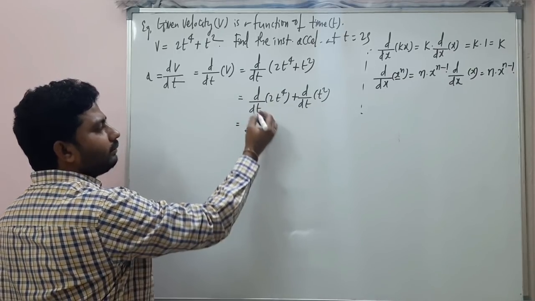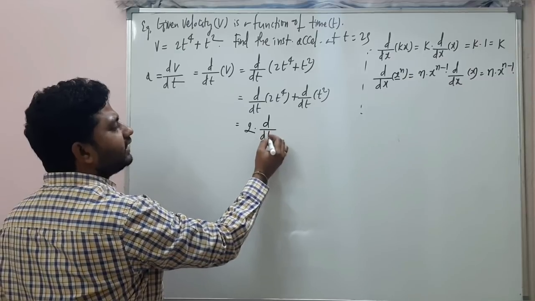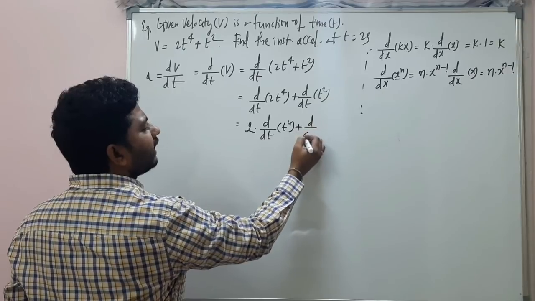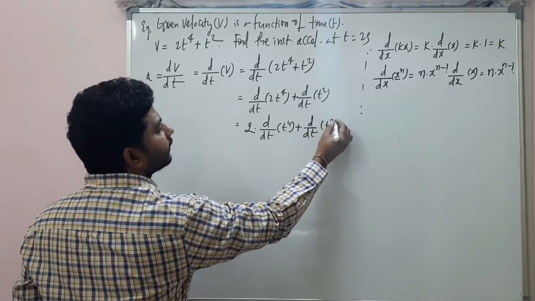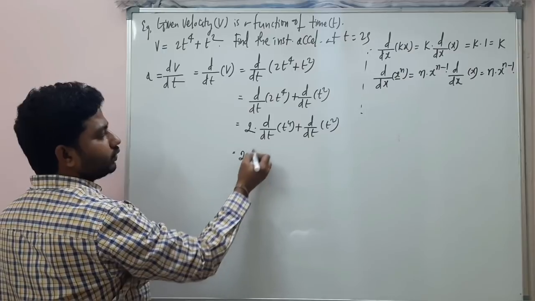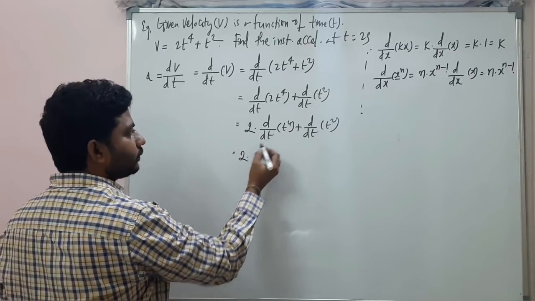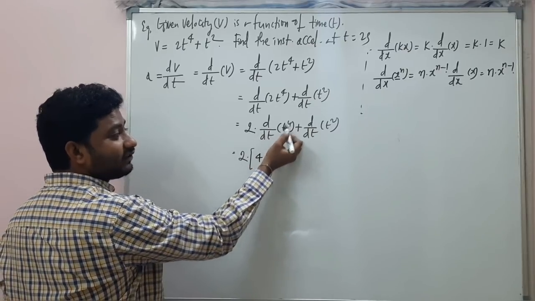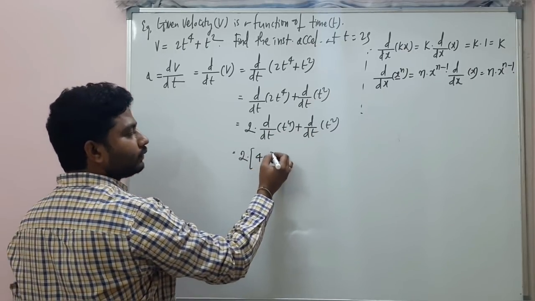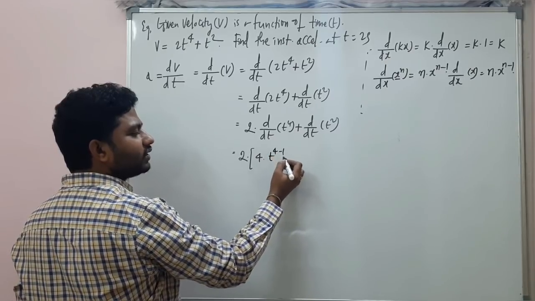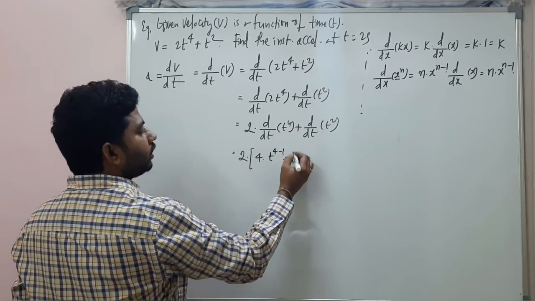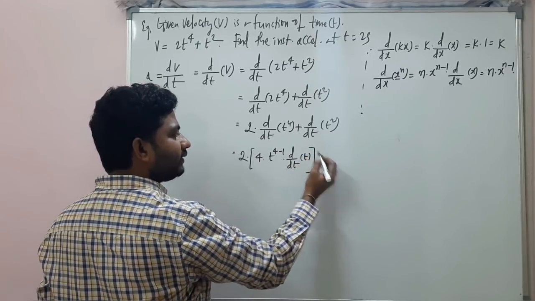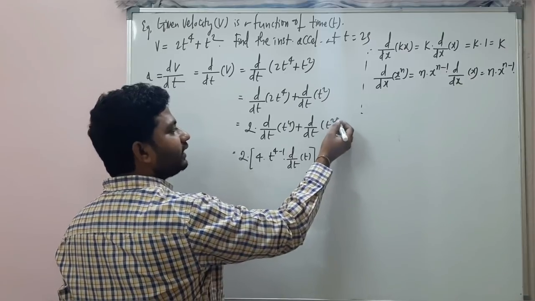2 will come out, and this is d by dt of t raised to 4 plus d by dt of t square. 2 into d by dt of t raised to 4: 4 into, see, that is the d by dx of x to the power n form, n into x to the power n minus 1 into d by dt of t, plus this is d by dt of t square.